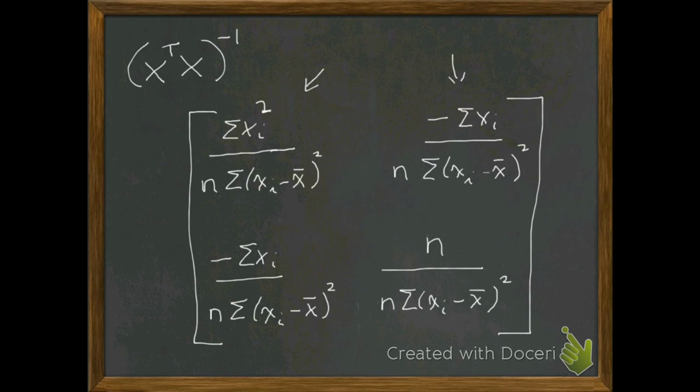Let's see. So we know this. We know that x bar is the sum of xi's over n. So this gives us that the sum of the x sub i's can be found by taking n x bar, which would be really, really easy to find.